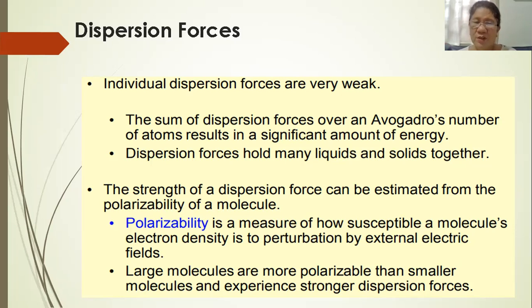That will serve as the instigation in the strength of dispersion force. The larger molecules are more polarizable than smaller molecules. Therefore, they will experience stronger dispersion force. The bigger the molecule, the bigger its polarizability, and the bigger its electron density.